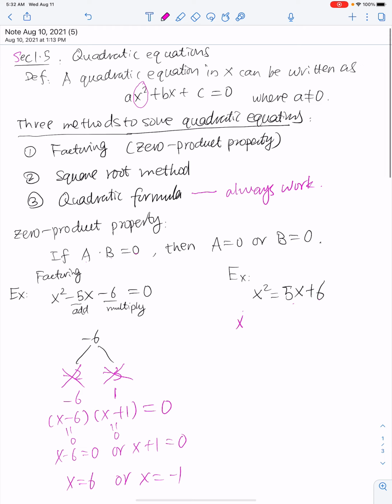So we have x squared minus 5x minus 6 equal to 0. Then you use the same method here. If you want to use factoring, one side has to be 0. If it's not, move all the terms on one side to the other side. Typically we want to keep the x squared term positive.